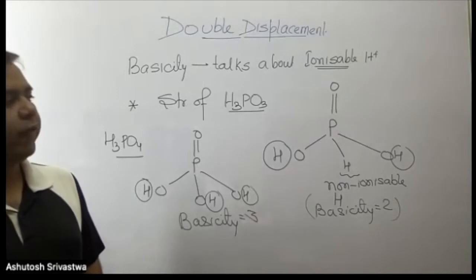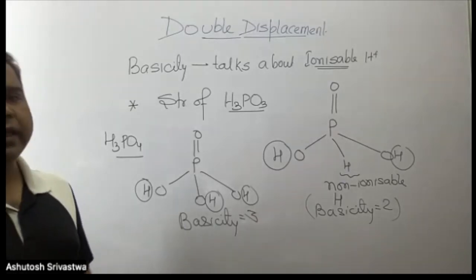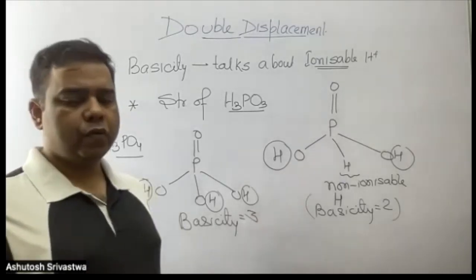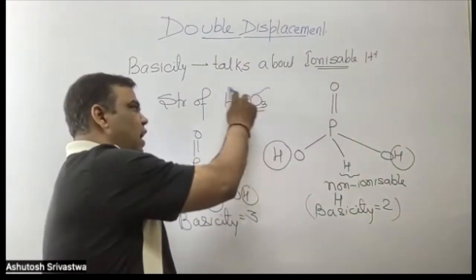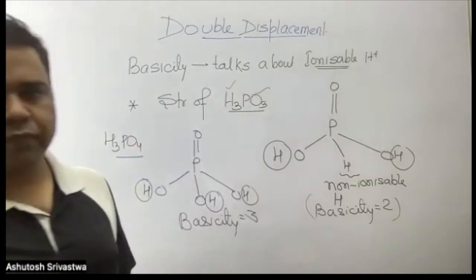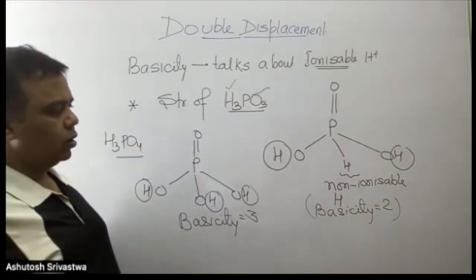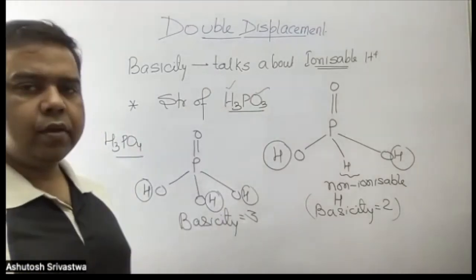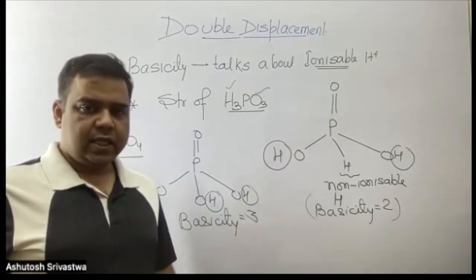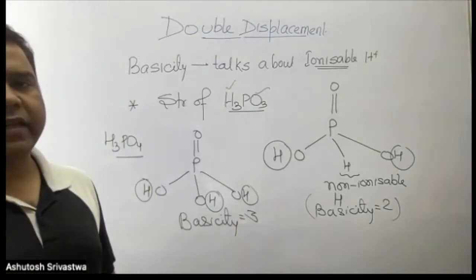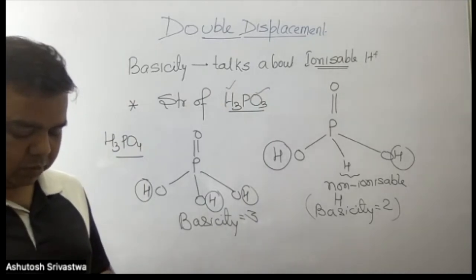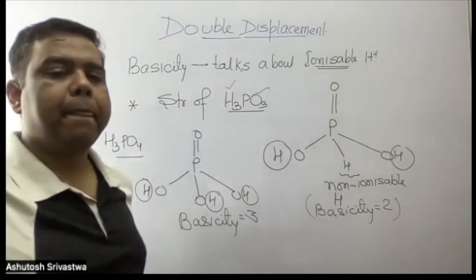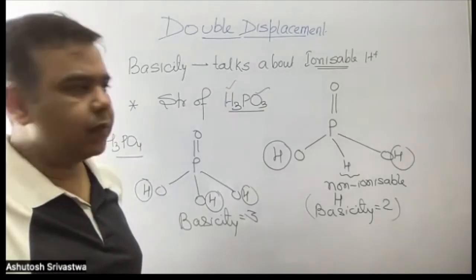Okay. So what we are learning is that in an acid, which we call an oxy acid, which contains oxygen, hydrogen, and some element. Let's write it down clearly and then summarize it.